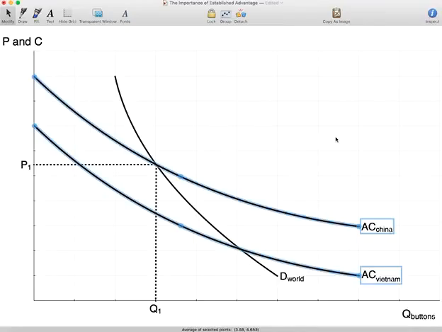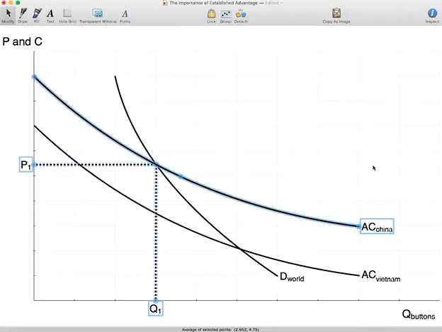Even though they are more efficient, it may be possible that they will not be able to enter this marketplace, and that the fact that China is already established could preclude them from entering, even though they are more efficient. What you really need to look at is, what was the price if China is the original country producing buttons?